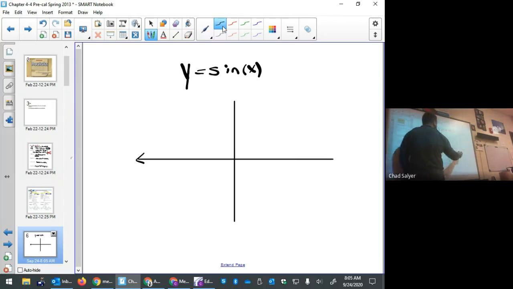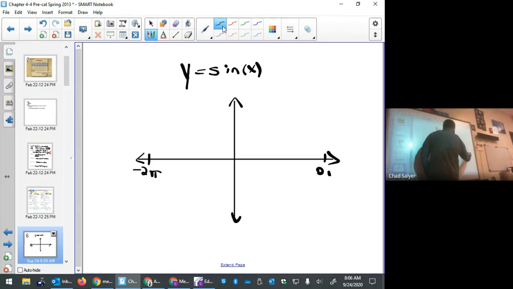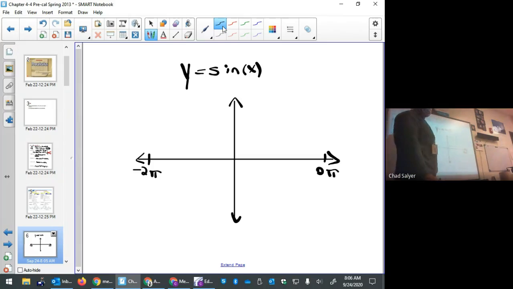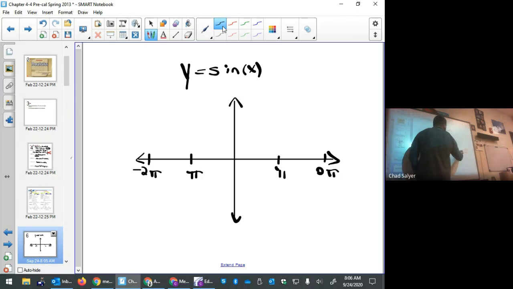So what is my period for the sine function, Rowdy? 2 pi. Very good. So if I go from -2 pi to 2 pi, you see how that's going to be 2 periods? And then we'll logically separate it. That last one I don't like so much.